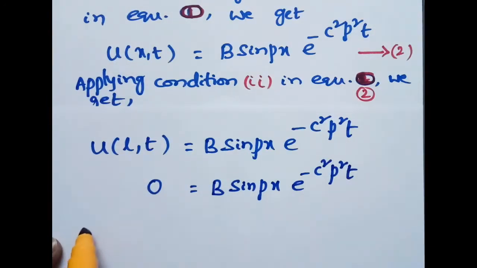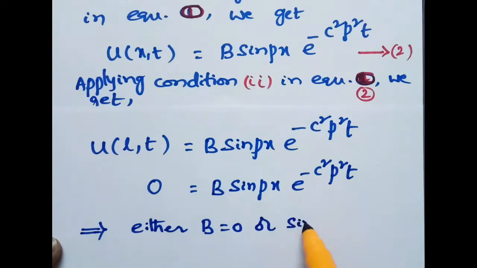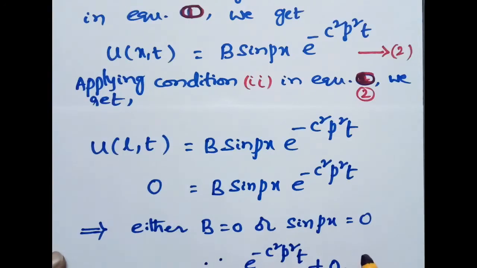This implies either b equal to 0 or sin px equal to 0, since e to the power of minus c square p square t is not equal to 0, as it is defined for all t.